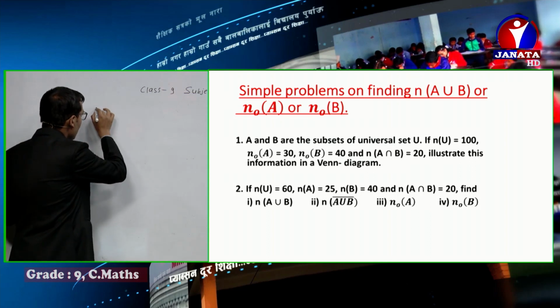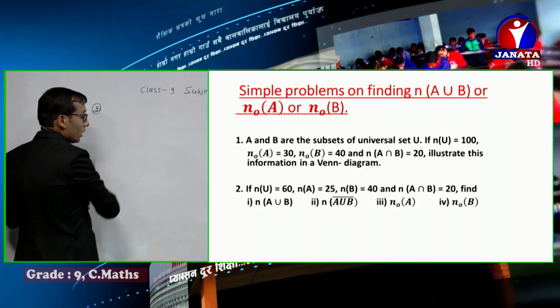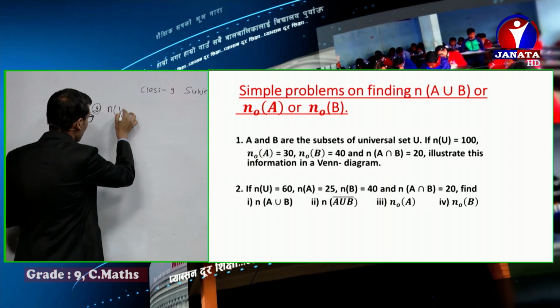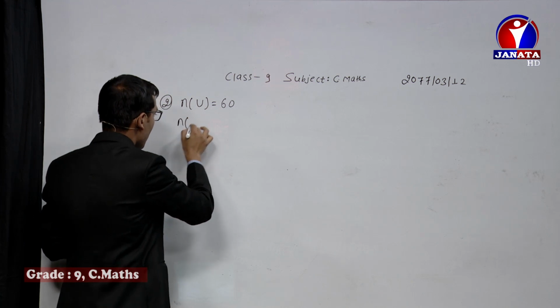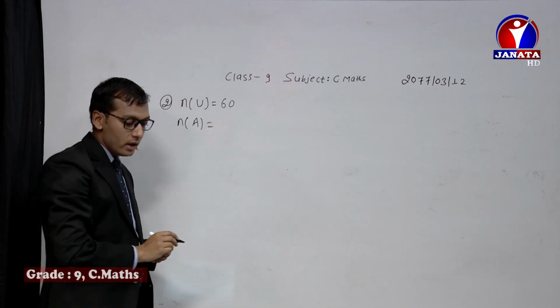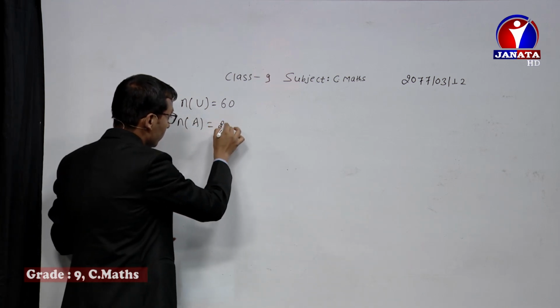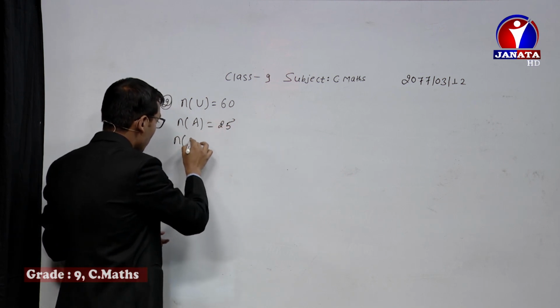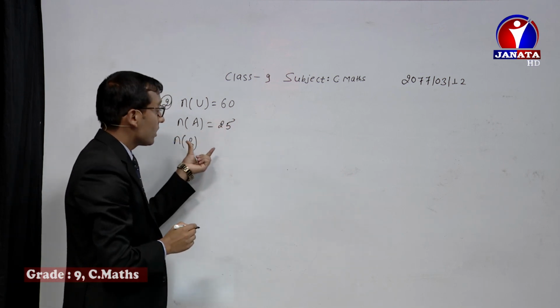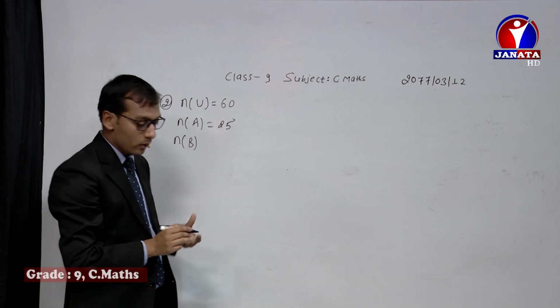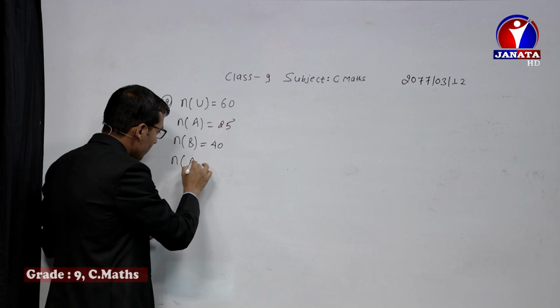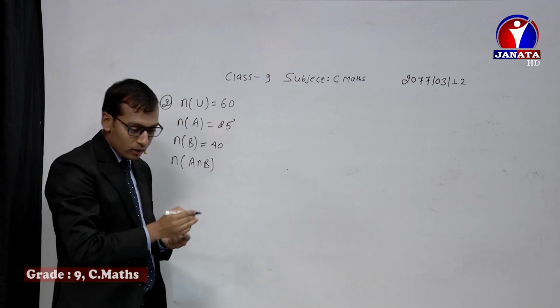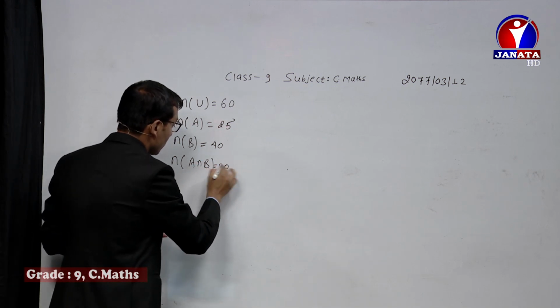So question number 2, let's write the question. n of U is given as 60. n of A is 25. n of B is 40; this question is almost similar to the first one. And n of A intersection B is 20.